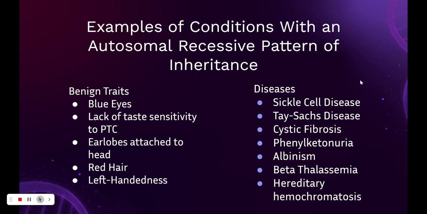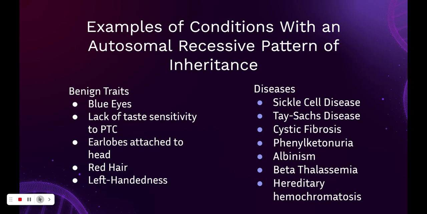Then we have diseases. And most of them are a lot less common than the traits we're talking about here. So we have sickle cell disease, in which it's inherited as a recessive disorder. Now, it's very common in certain racial and ethnic populations, African Americans, of course, but also some Latina people and Middle Eastern people also tend to carry that trait more commonly.